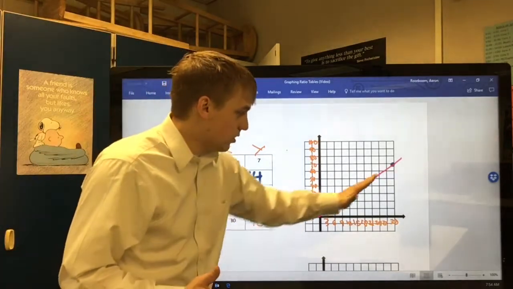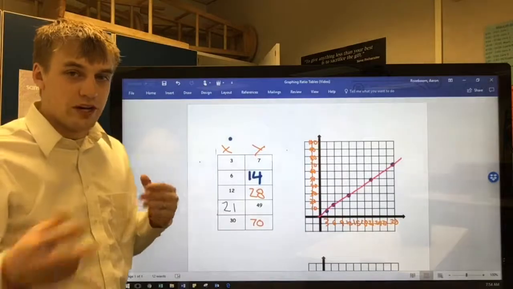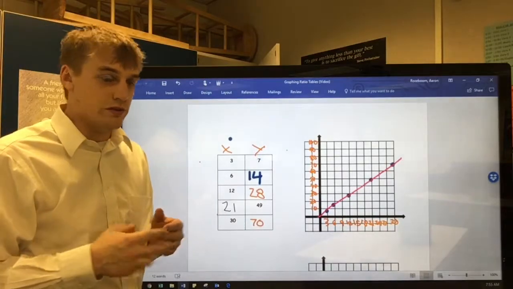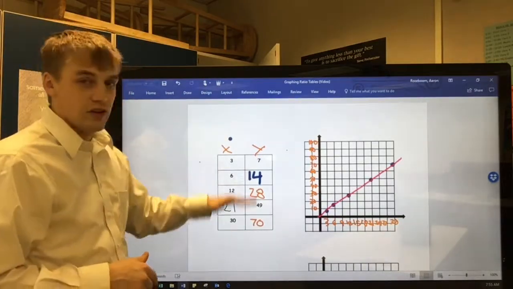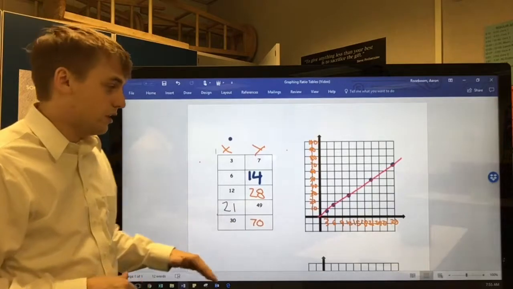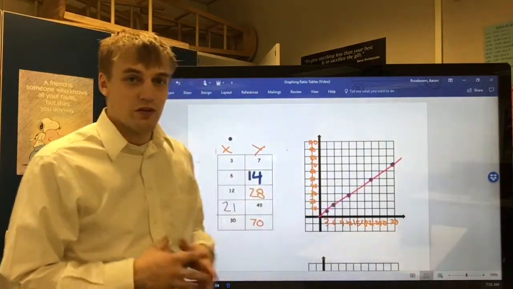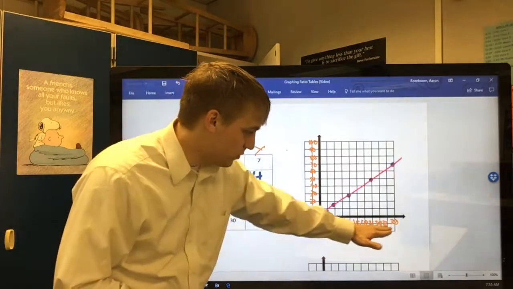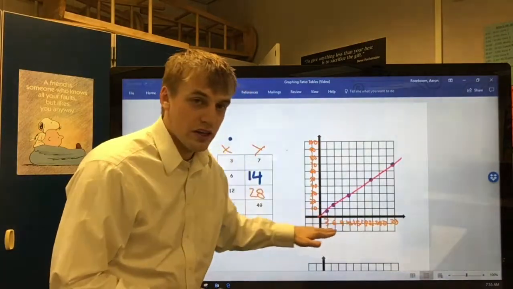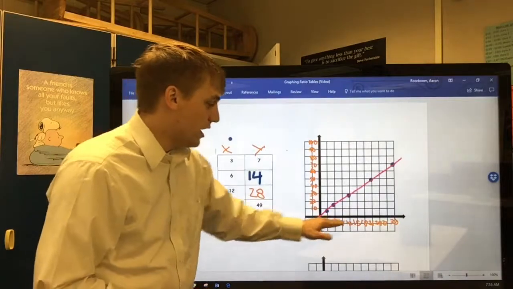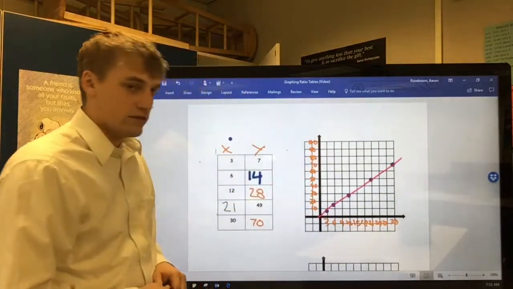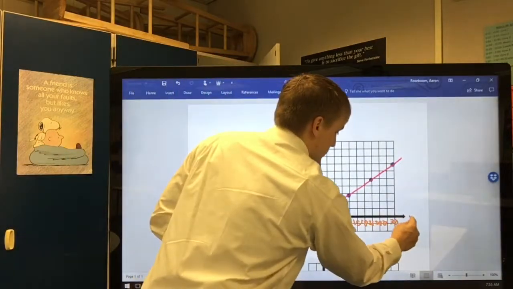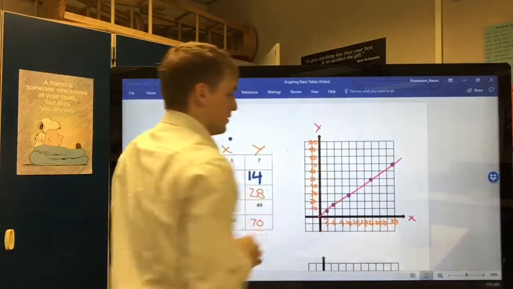So you're combining two things you already know how to do. You know how to fill in the ratio table, and you know how to graph points on a coordinate plane. The biggest thing is that you need to make sure that you have the correct increments on the x and the y axis. This is the x axis and this is the y axis.